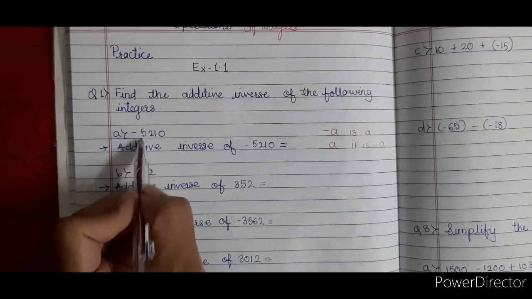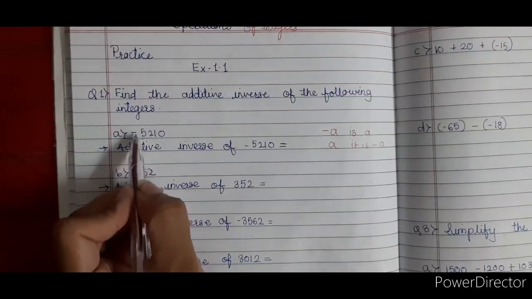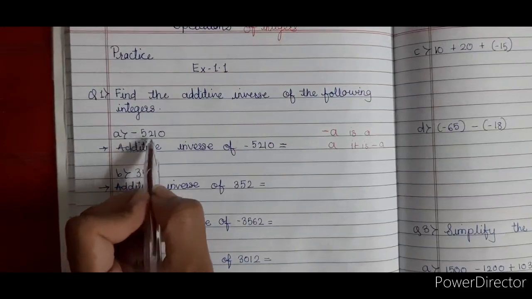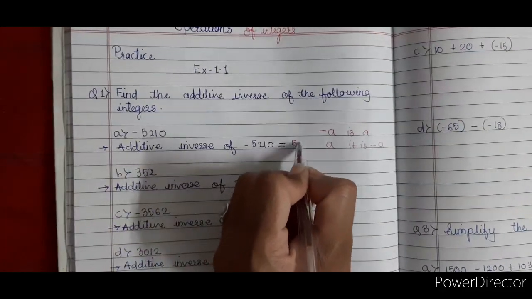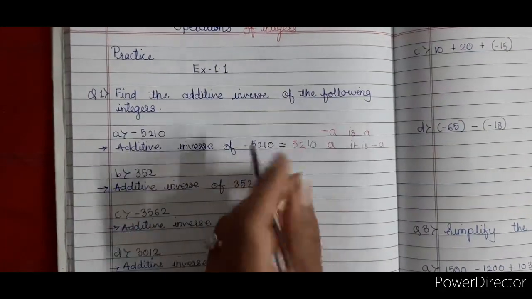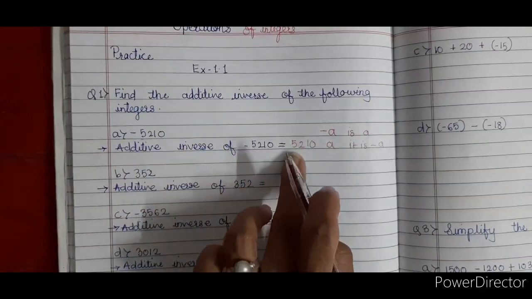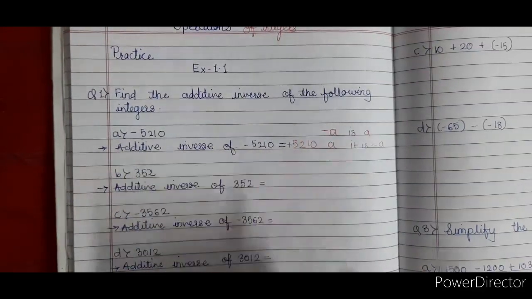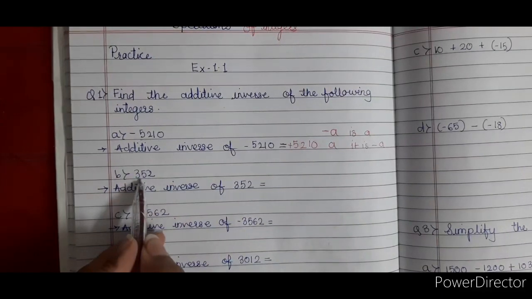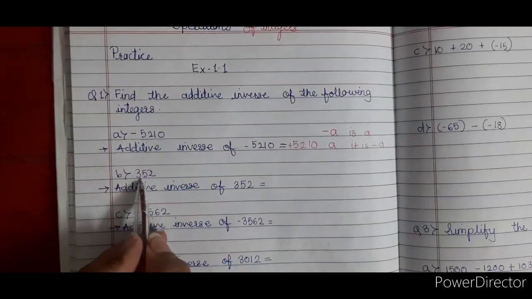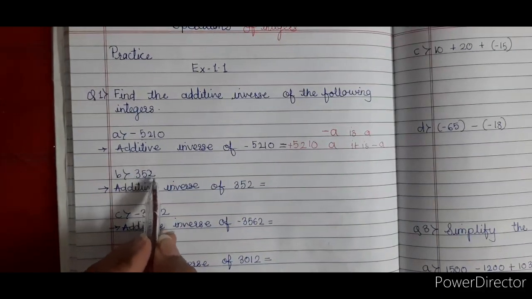So what will be the additive inverse of minus 5210? It will be 5210. We will just change the sign. We can write it like plus 5210 or simply 5210. Second, what will be the additive inverse of 352?